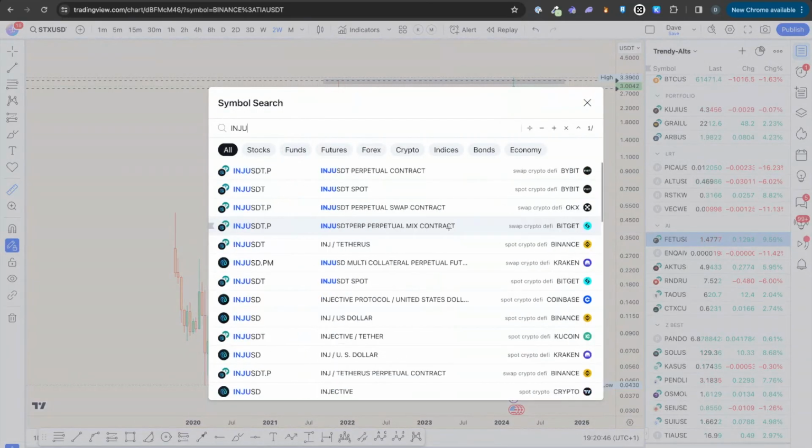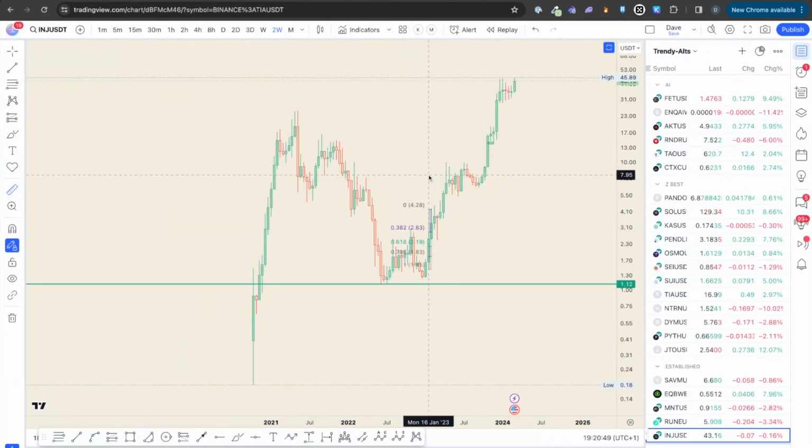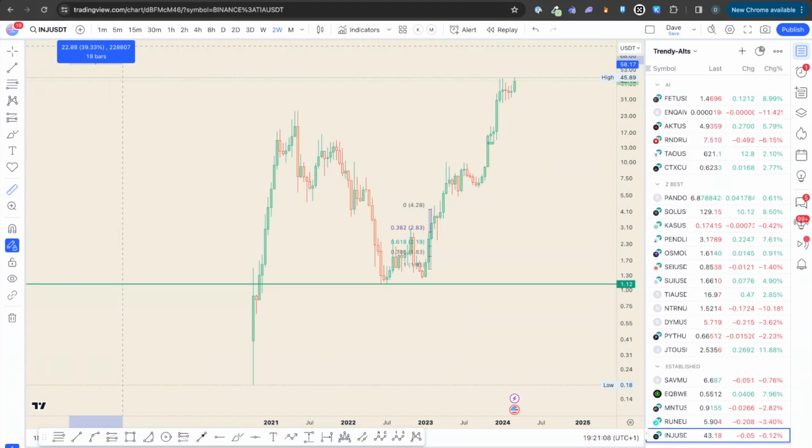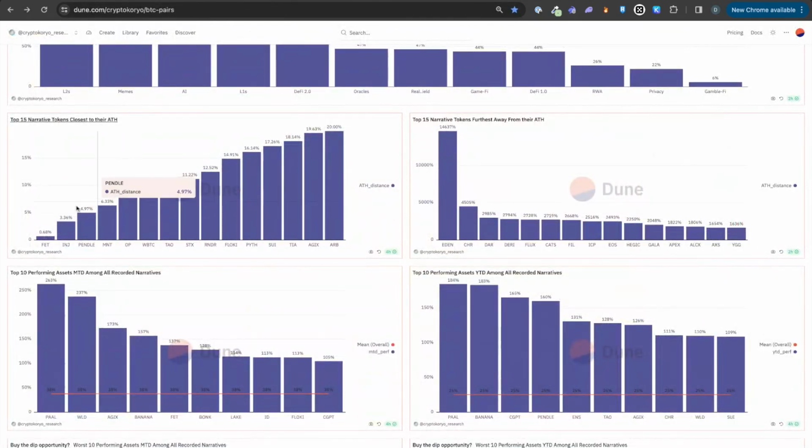So if we mentioned that there are thousands of tokens, these actually are giving you clues on what you should buy or what you should hold, and these are all very valid options that I think are very strong, as you can see from the price action. So you should look into what kind of narratives they belong to, what your preferences are, and how well you understand them, and then trade or invest accordingly.